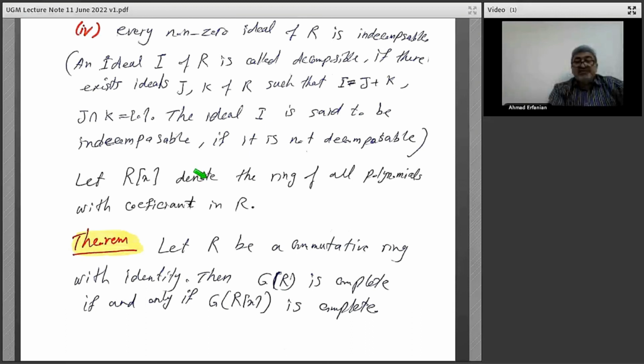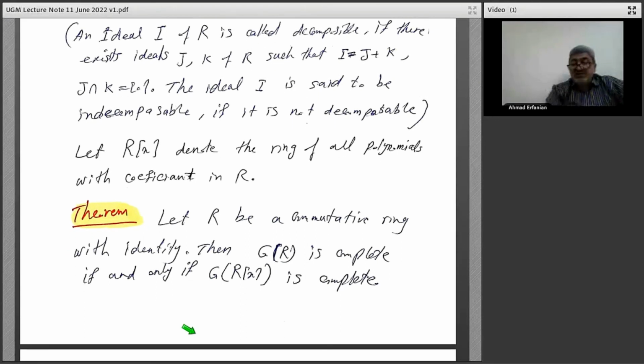We may also compare the intersection graph for the ring R with the intersection graph of the ring of polynomials with coefficients in R. You can see that the intersection graph over R is complete if and only if the intersection graph over the polynomial ring R[X] is complete.